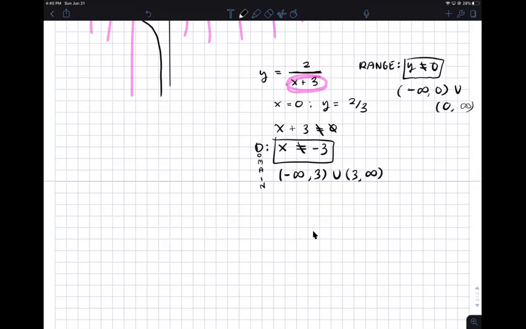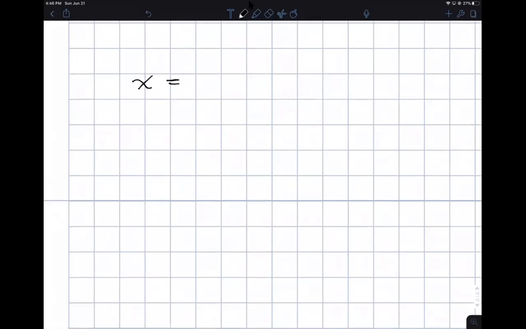So for 28, it's x equals y to the 6th. I got the domain right, but I don't get why it's not a function. Okay, first of all, if you know that it's x equals y to the 6th, let's try plugging in some numbers.